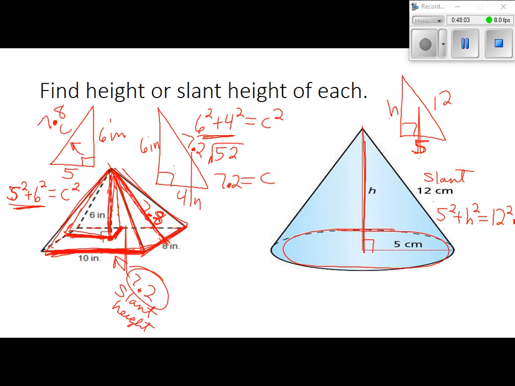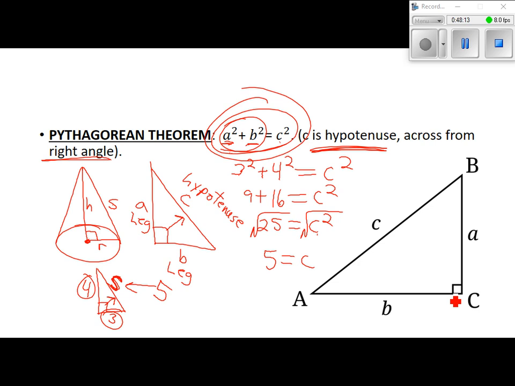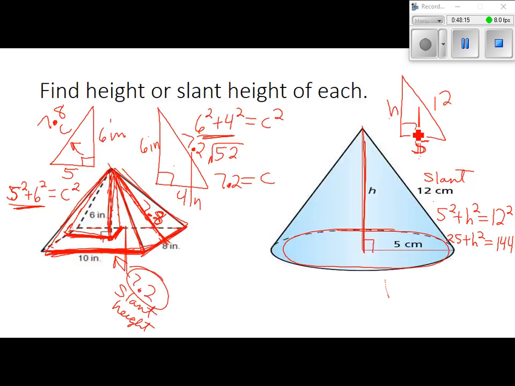To solve that, we can do 5 squared, which is 25, plus h squared equals 12 squared, which is 144. Then we're just going to have to do a couple of steps instead of just one. So we'll subtract 25 on both sides.